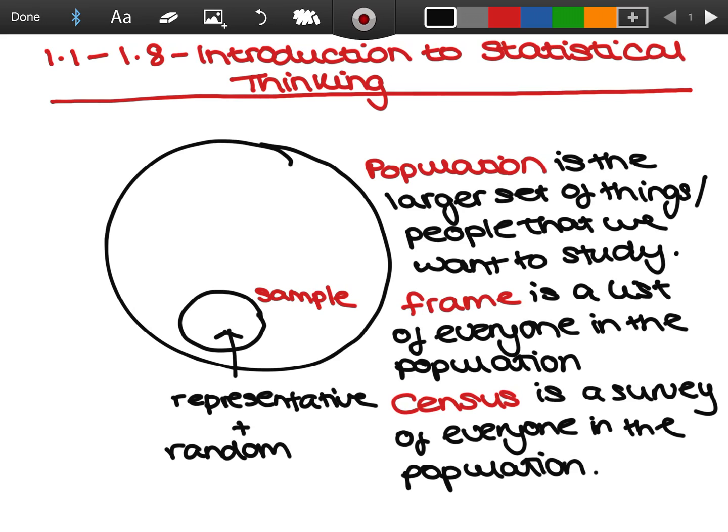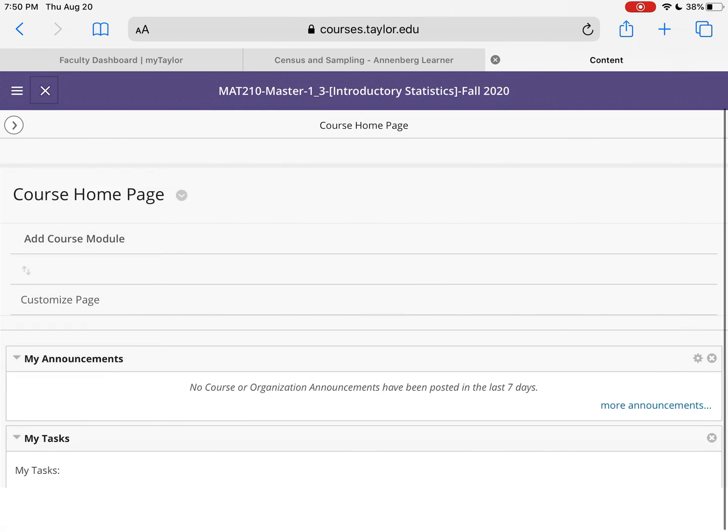Just be aware, when you take a sample, and we're going to do more about this in a later chapter, there are two things that you have to have. It's no good taking a sample of people out of the population that are all exactly the same. For example, let's say I wanted to know how many people in the US were brunette.